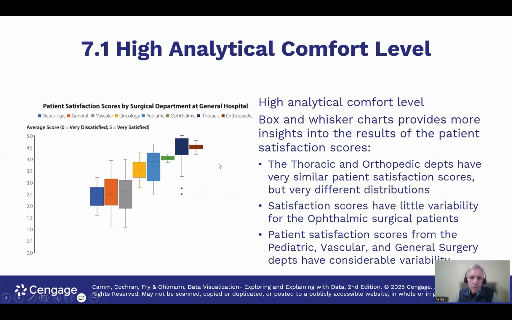Patient satisfaction scores from some of these others have very wide ranges. So we have a very wide range of satisfaction from the patients, which I guess you could say translates into a wide range of different service levels delivered for these other departments.